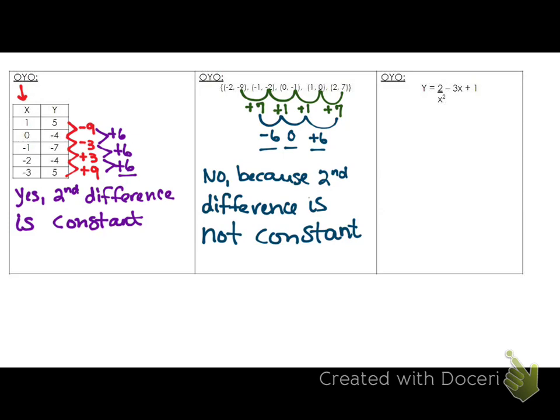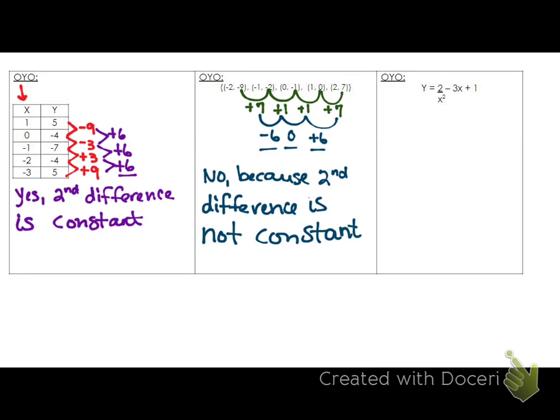Let's look at our equation now. When you look at this equation, you might want to say that it's quadratic. I'm going to tell you that it's not. Can somebody explain to me why it's not quadratic even though there's an x squared? Because the x squared is not connected to the 2. Are you supposed to have a squared in the denominator?